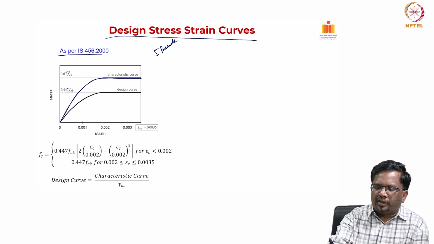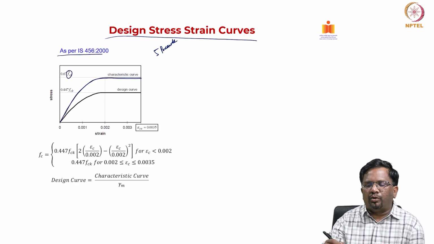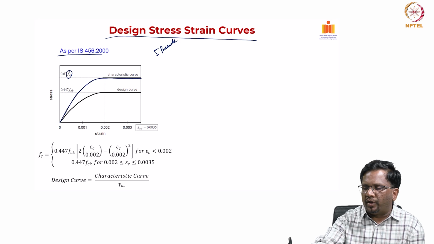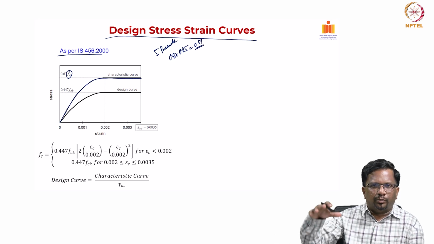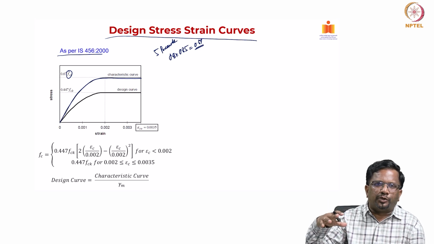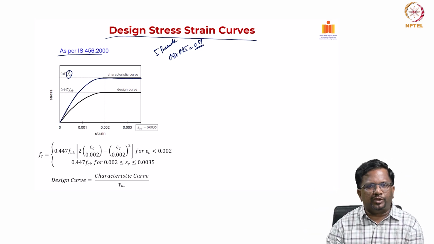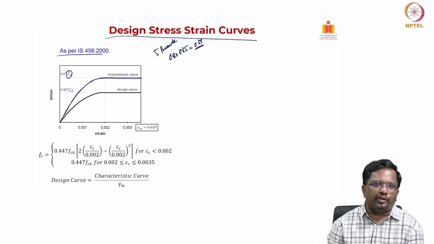Now, that fck is also knocked down by a factor of 0.8 times 0.85, which works out to be 0.67. Okay. Now, why is it 0.8 and 0.85? We said that because the strength I am getting is from a cube, while the actual material property should be from a cylinder, I need to multiply by 0.8.